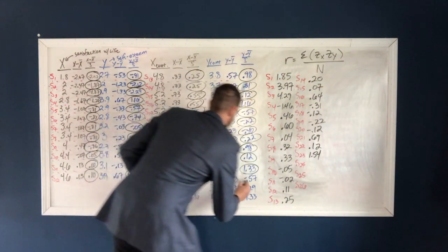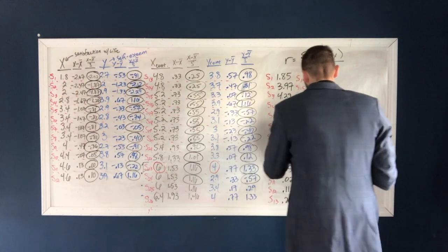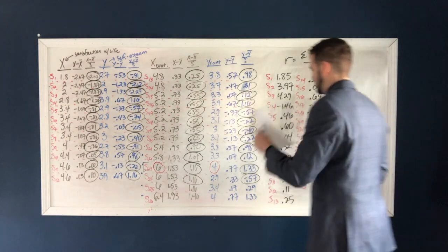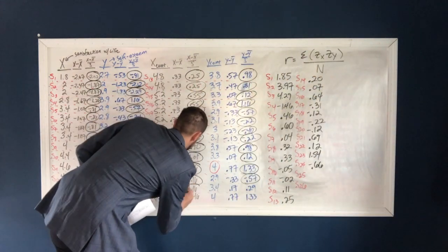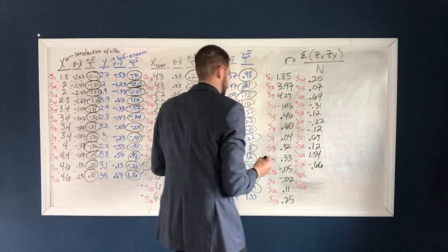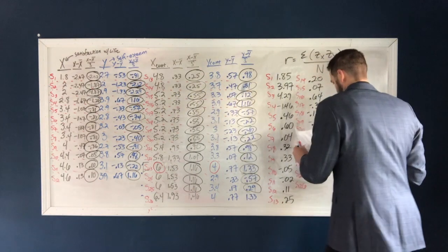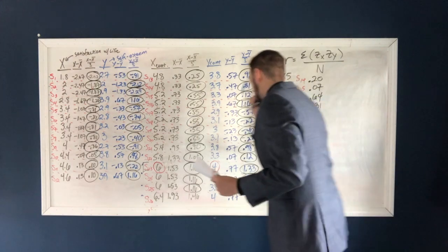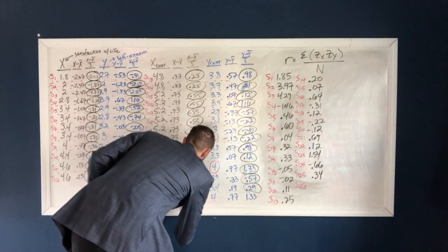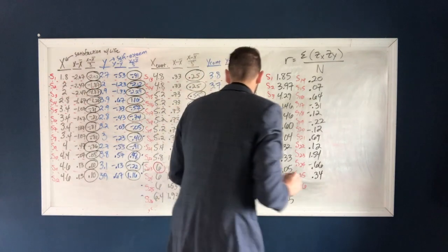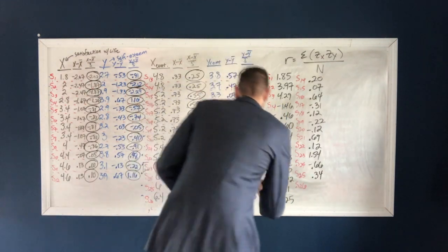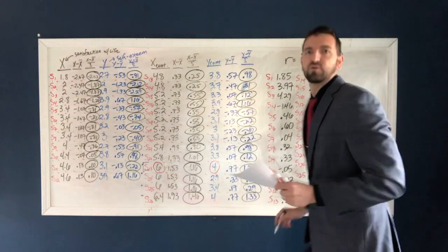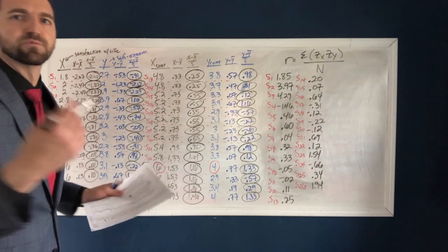Subject 24, 1.16 multiplied by negative 0.57, is going to give us negative 0.66. 1.16 multiplied by 0.29 is going to give us 0.34. 1.46 multiplied by 1.33 should give us 1.94. So I'm going to go ahead and check these, and then we're going to keep on going.